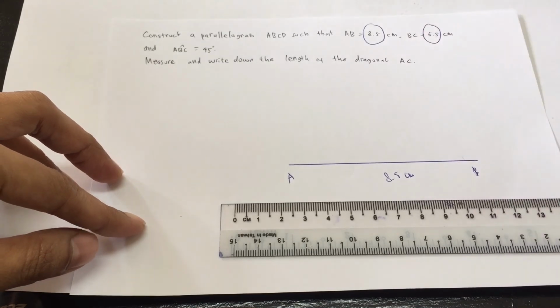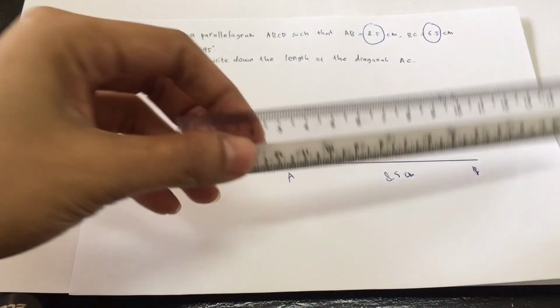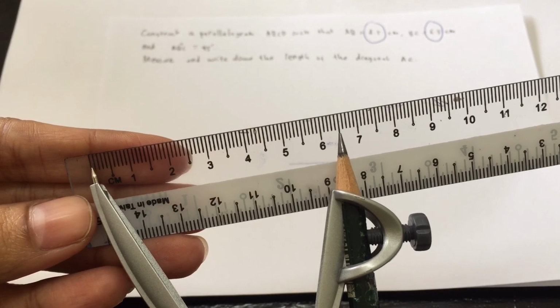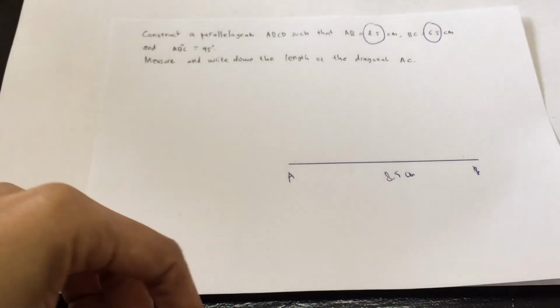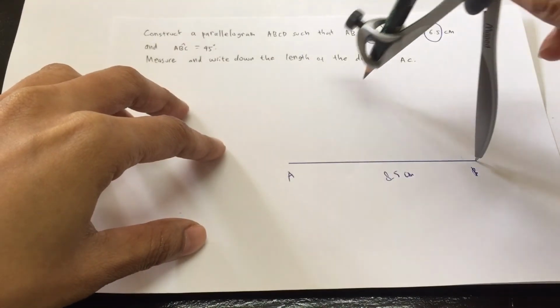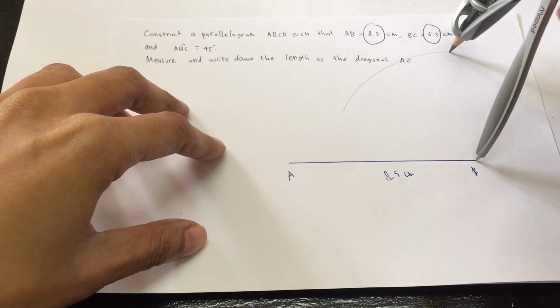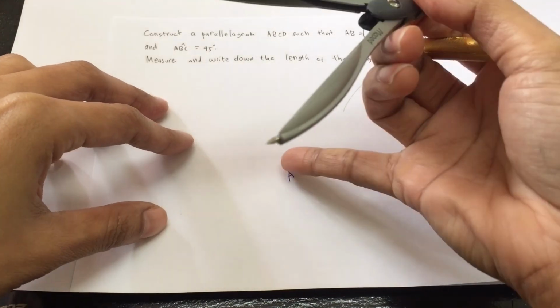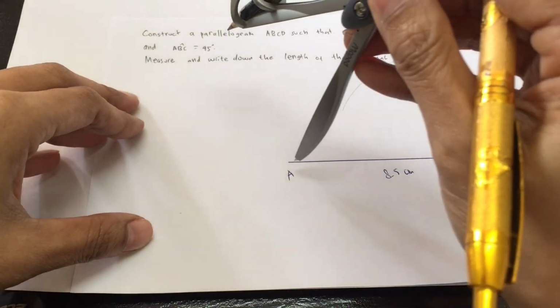BC is 6.5 cm. So B as the center and 6.5 as the radius. This is a parallelogram, so if BC is 6.5, AD is also 6.5 cm.